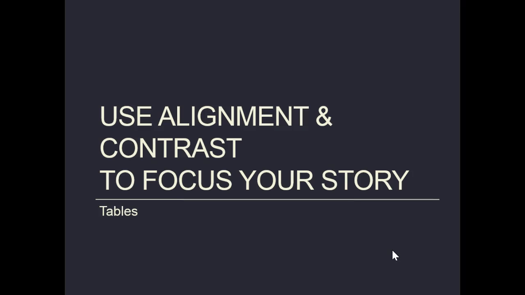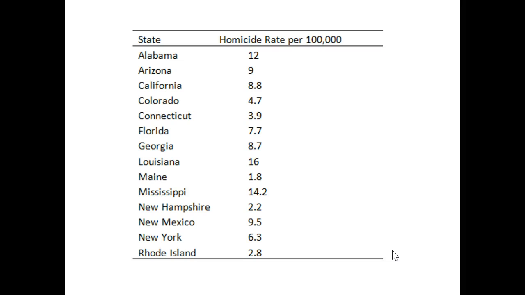Now, we can also think about using alignment and contrast to focus the story. You will often see tables that look like this. Oh, this drives me crazy. And don't do this in your own writing for me, please. You see that some of these have decimal places, some don't. It's left aligned here. It is really hard to figure out which one has the most, which one has the least.